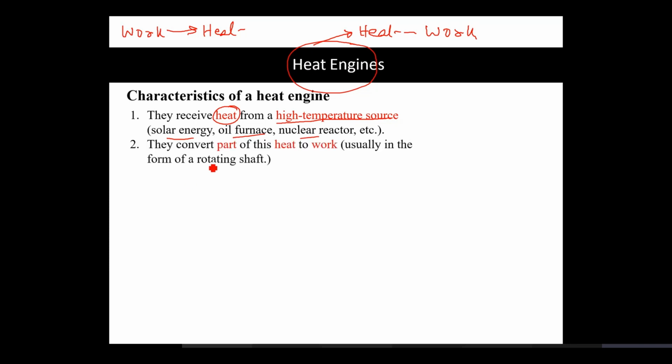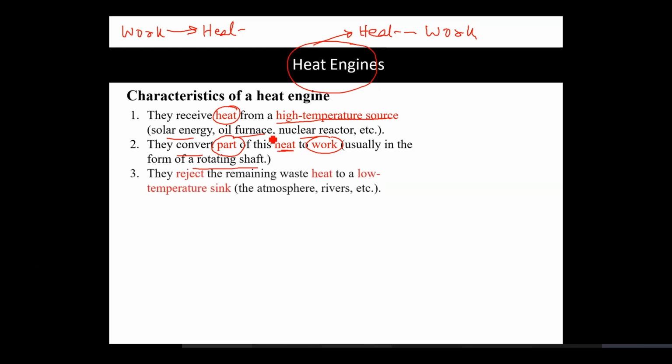And the second characteristic is that they convert only part of this heat to work. And that work is usually in the form of a rotating shaft. It is not necessary, but usually. The third characteristic is that the remaining portion of the heat is rejected as waste to a low temperature sink.